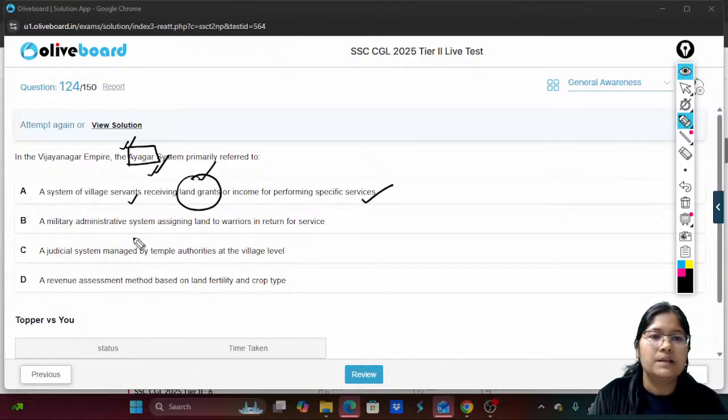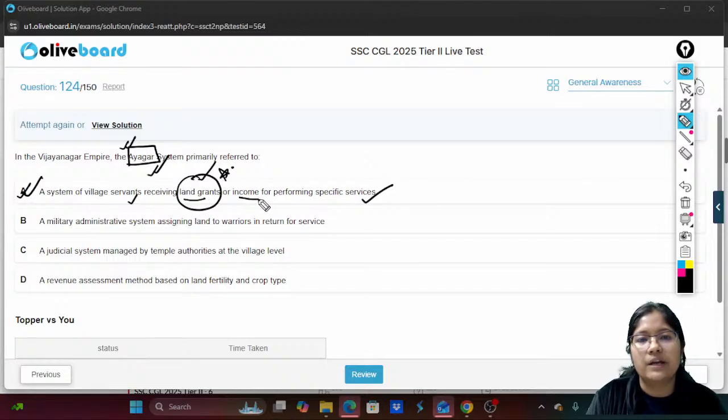Military administrative system assigned land to warriors in return for service. Judicial system managed by temple authorities at the village level. Revenue assessment method based on land fertility and crop type. So here A is the correct answer. Land grant given to a system of village servants receiving land grant or income for specific services, whatever services they had delivered.